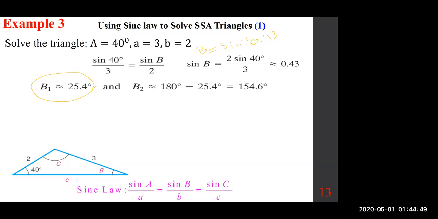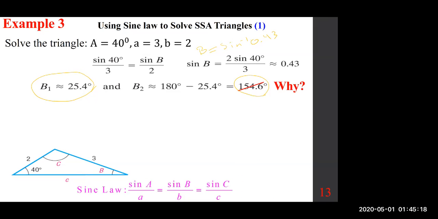Sine is positive in the first and the second quadrant, and the angle in both cases would be less than 180. So it's a good one to look at. What would be another angle having the same sine would be 154.6. Okay, class? So there are two angles that have sine equal to 0.43.